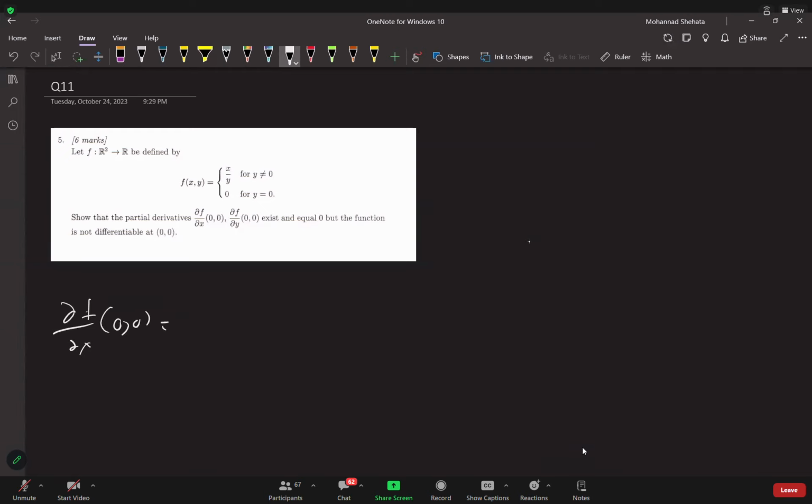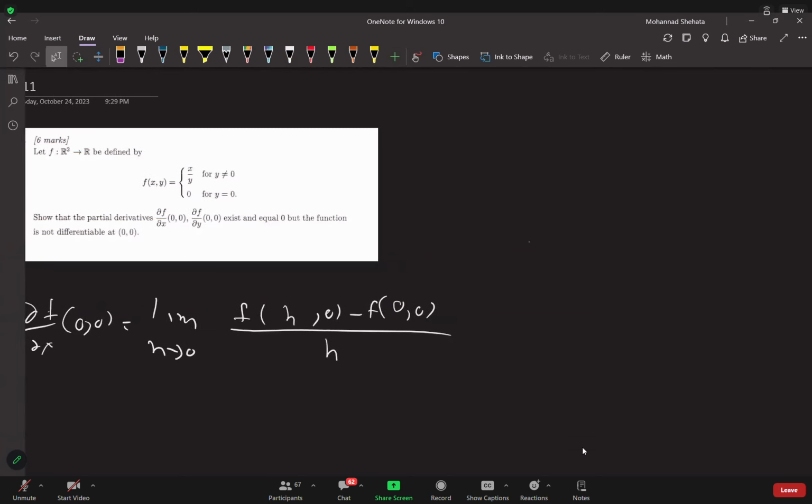So the partial with respect to x at (0,0) is equal to the limit as h approaches 0 of f of (x plus h, 0) minus f of, sorry, not x plus h, x is 0. So the limit of f of (h, 0) minus f of (0,0), over h.